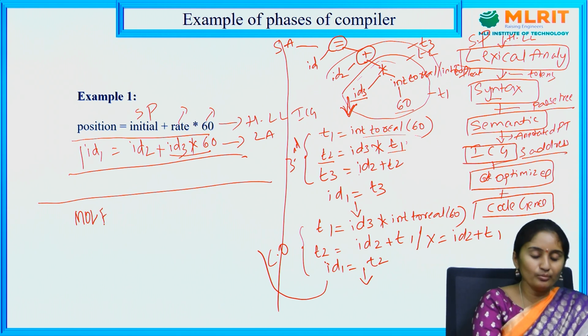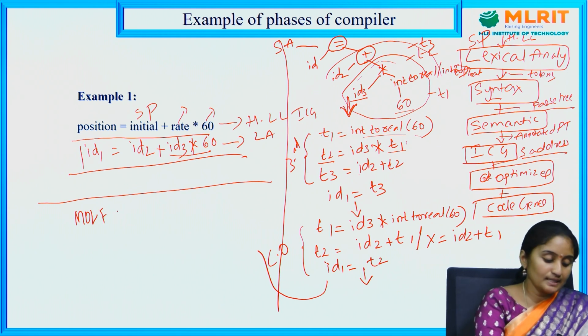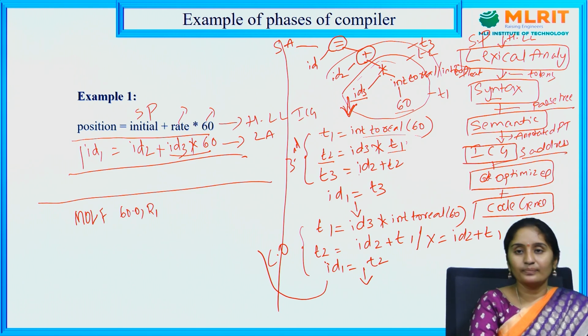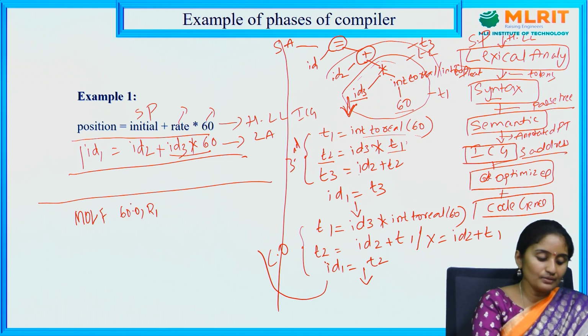I am going to move the float value 60.0 into R1. So nothing but the value 60.0 is stored in R1.